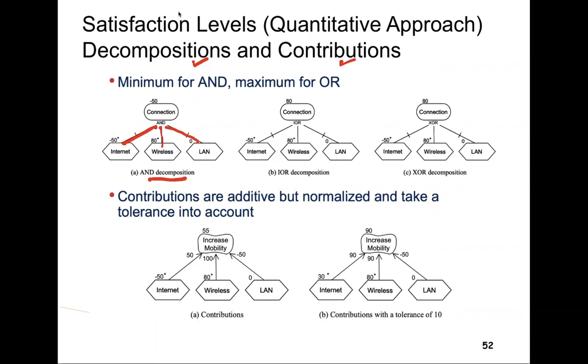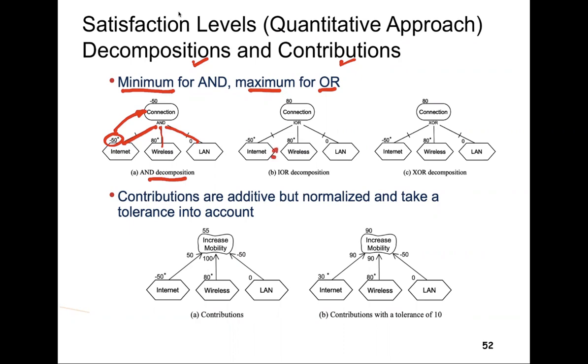In AND, we always consider the minimum, and for OR, we use the max. So if the contribution of the internet is -50, while the wireless is 80, and the LAN is 0, you're going to take the minimum of the 3, which will be -50. So this will be the satisfaction level of the connection, which is -50.